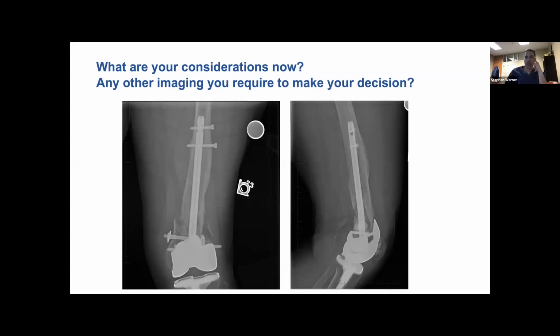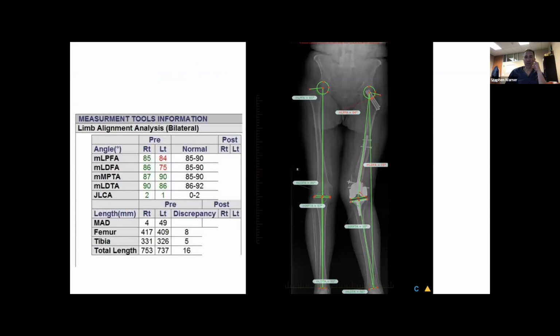Yeah, I think for this one, in terms of your problem lists, you have deformity. So in terms of preoperative planning, full length films with lower extremity alignment films would be useful. I think other considerations are the bone loss. She has some resorption of bone there, so think about ways that you may be able to treat that. Her history of a total knee arthroplasty factors in as well.